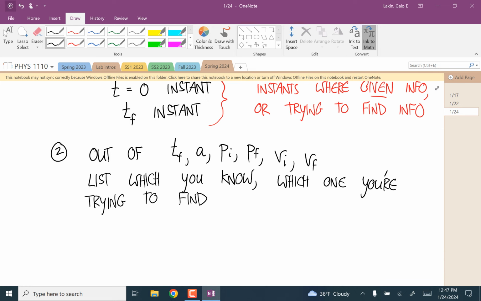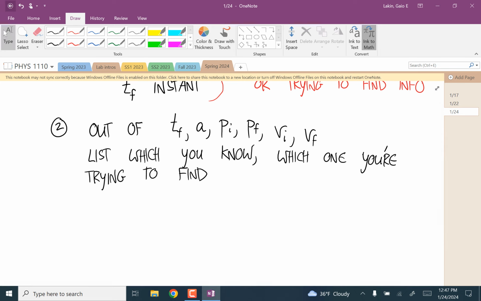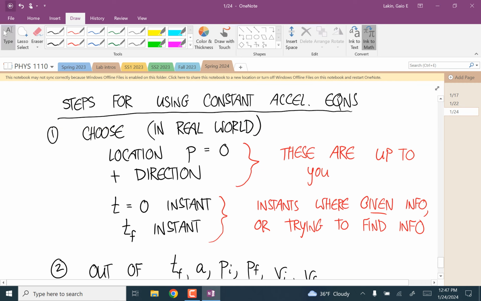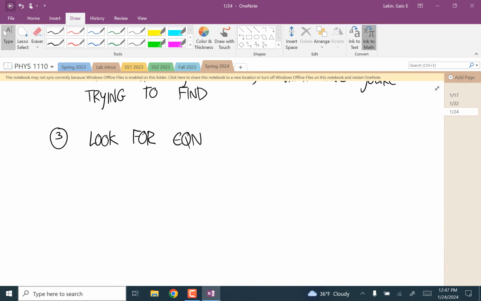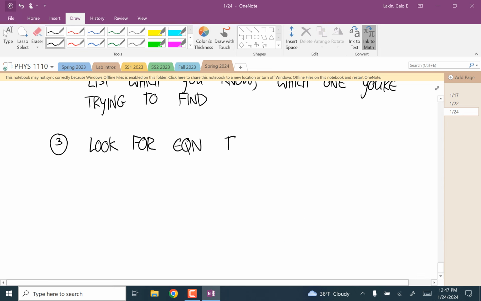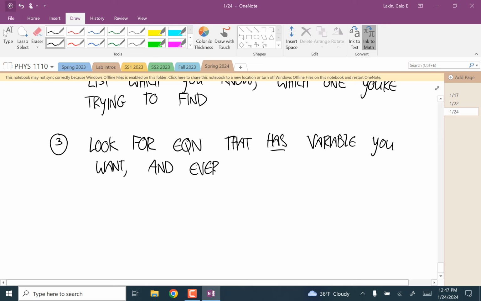The third step, that most of the time is the last step to this, is you want to look for an equation out of those three that I gave you here. Look for an equation that has the variable you're trying to find, and every other variable in the equation is known.